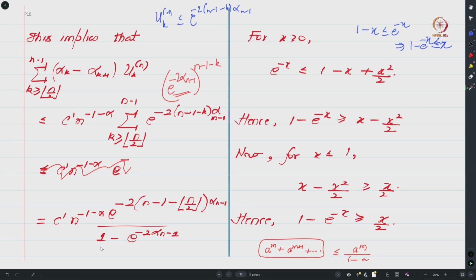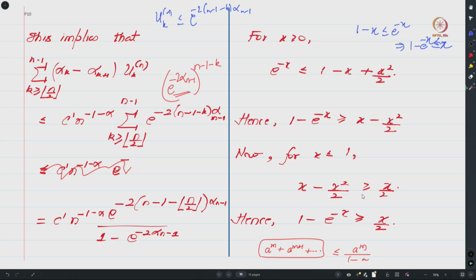Towards that, what one can make use of is the inequality that e raised to minus x is less than or equal to 1 minus x plus x square over 2 for x greater than or equal to 0. Hence if I put e raised to minus x on the other side, one can see that 1 minus e raised to minus x is lower bounded by x minus x square over 2, and for x less than or equal to 1, one can show that this expression is lower bounded by x over 2.